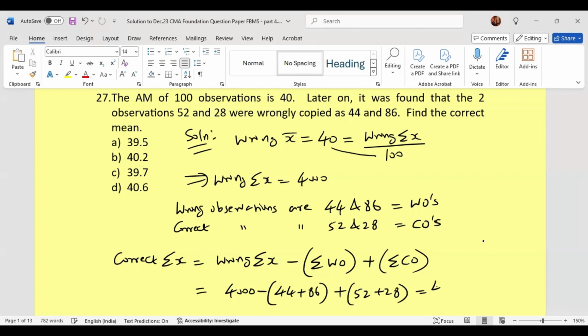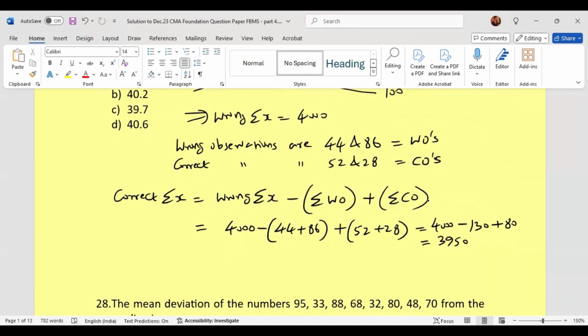So this will give us 4000 minus 130 plus 80. So if we subtract all this, we will get the result as 3950.